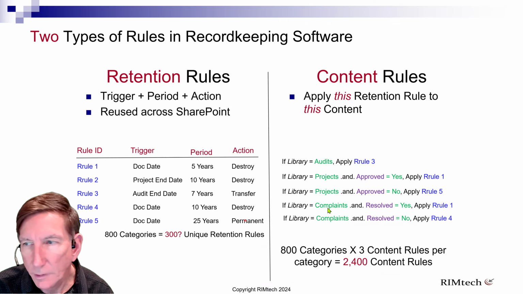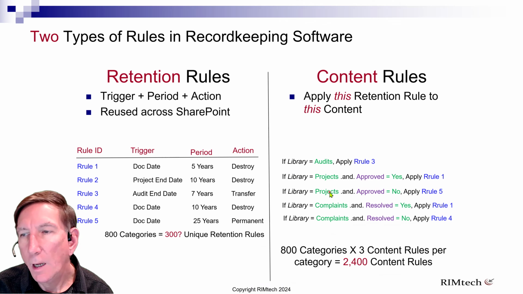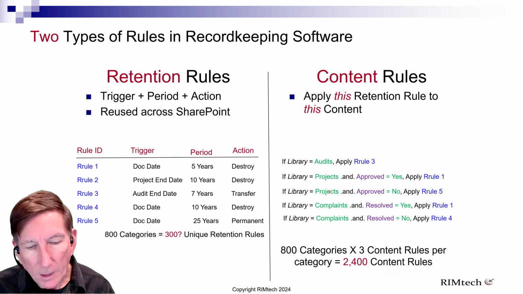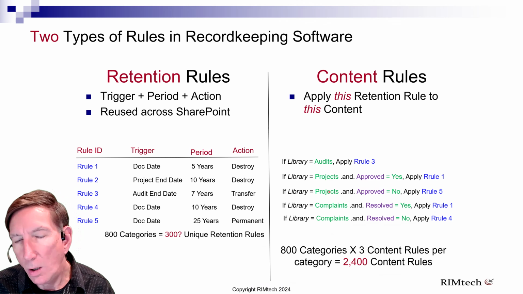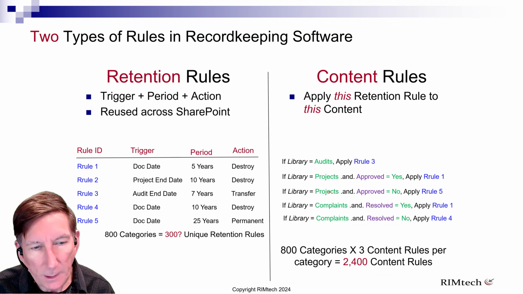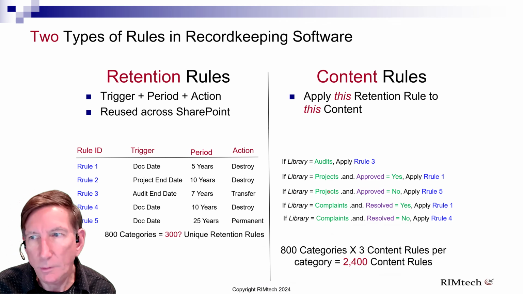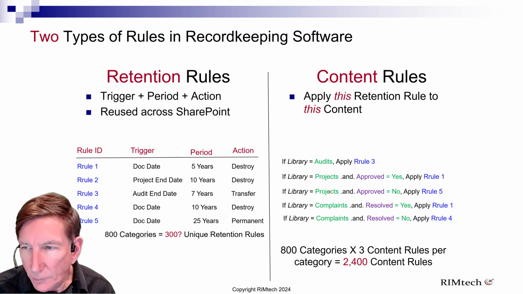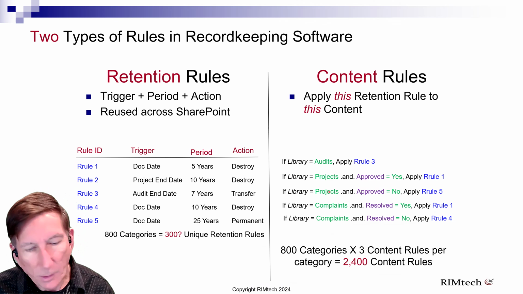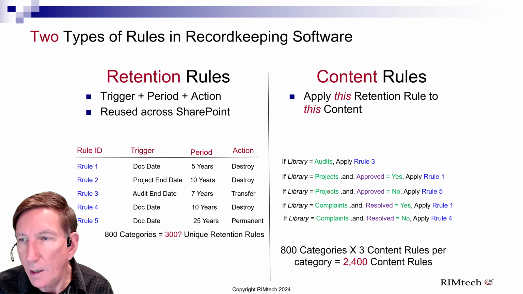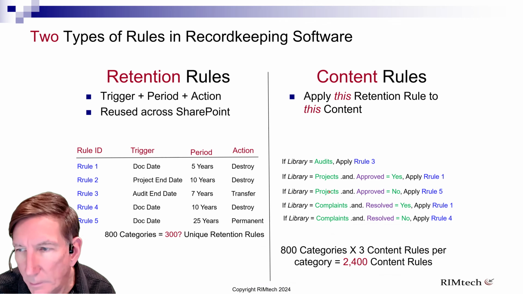Now, these are just fictional examples, but you get the point, right? So these content rules contain or call upon metadata and library names to do their job. Once you build these 2,400 rules, go take a vacation and relax, because now these rules are enforced 24 hours a day and you don't have to worry about it. These will automatically classify, lock down, or declare all the records by themselves.